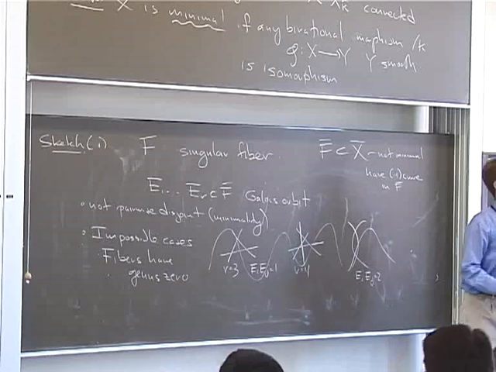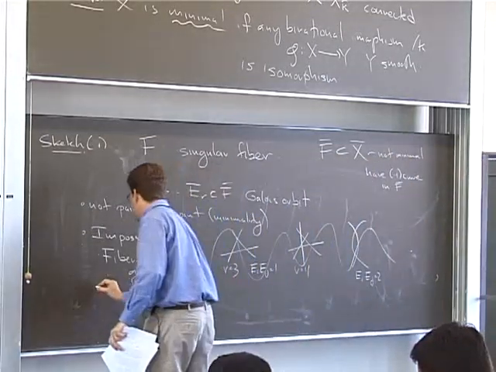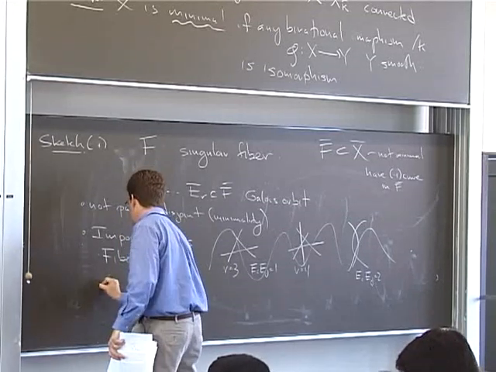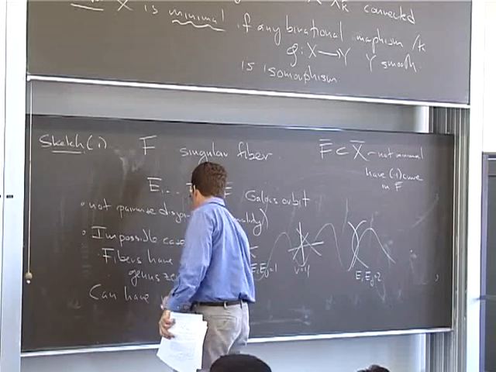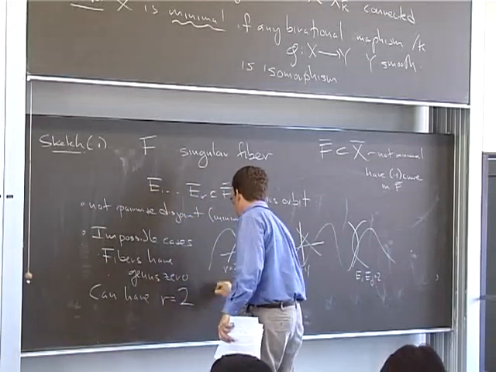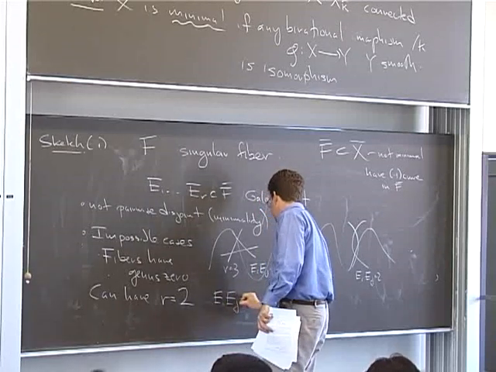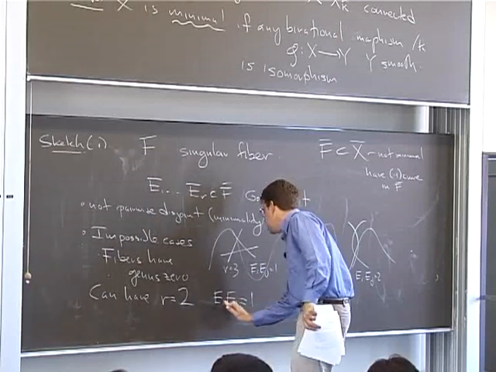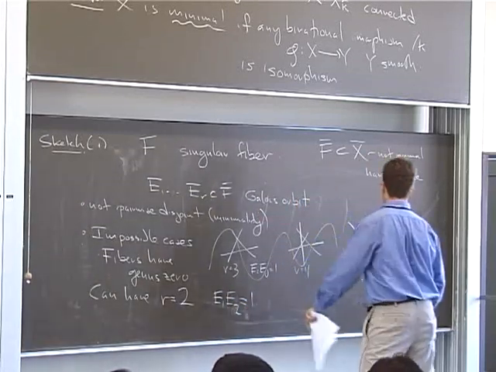So what's left? What can we realistically have? The only possibility is that r is equal to 2 and the two corresponding components meet at one point.